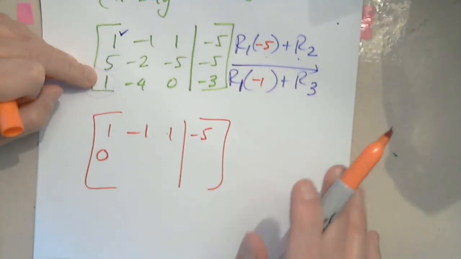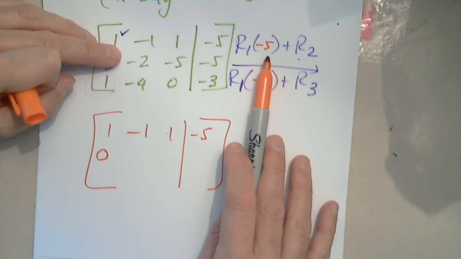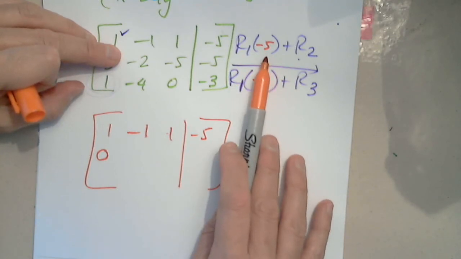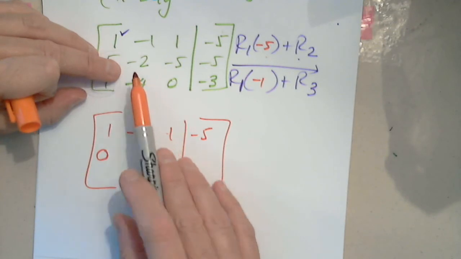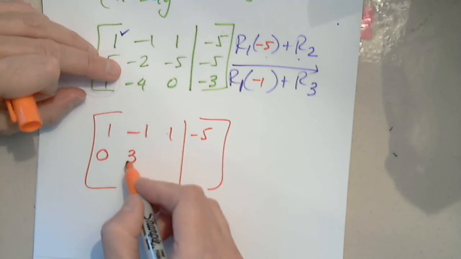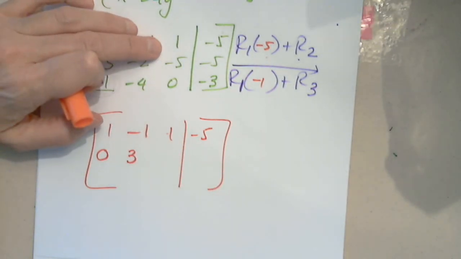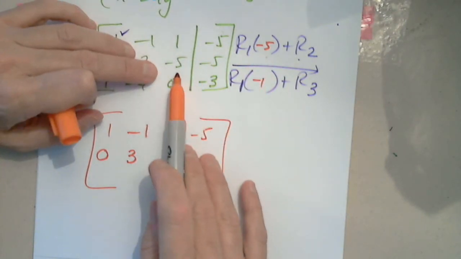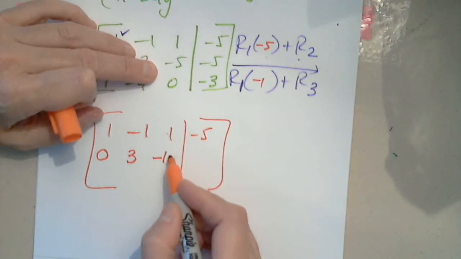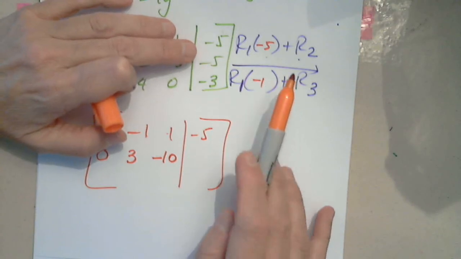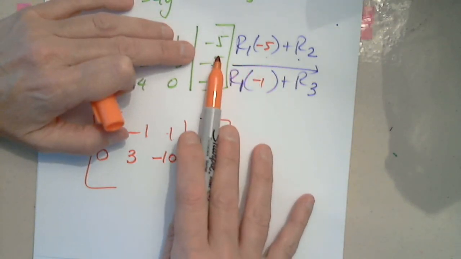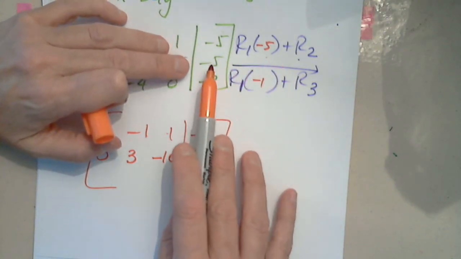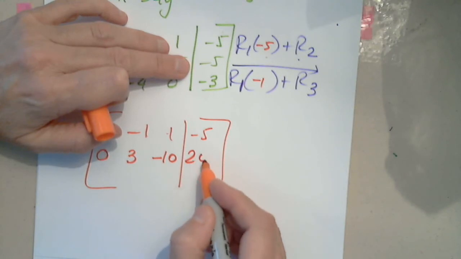That's not the right number. Negative 1 times negative 5 is positive 5. Positive 5 minus 2 is 3. Negative 5 times 1 and minus 5 is negative 10. Negative 5 times negative 5 is positive 25, and minus 5 is 20.